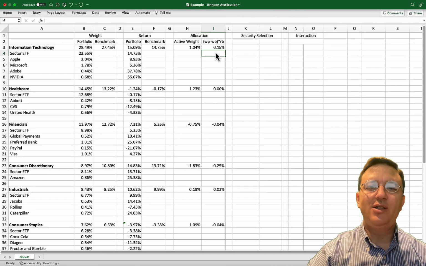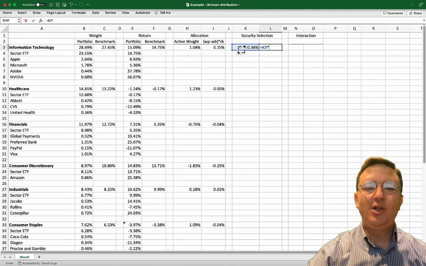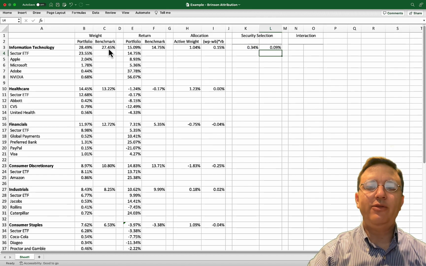The selection effect is calculated by multiplying the portfolio weight by the difference in the portfolio return and the benchmark return for that grouping of investments. We can restate this operation as multiplying the benchmark sector weight by the active sector return. Starting with the tech sector, I calculate the weighted average return of the portfolio assets within the tech sector and subtract the return of the S&P 500 tech sector.